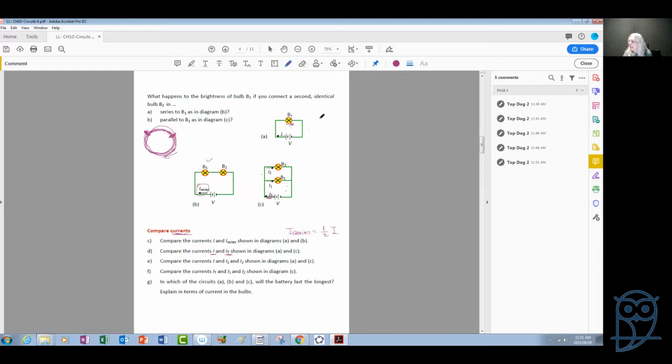It should make sense, isn't it? If this current is I, then we have one I for this bulb and another I for the bulb B2. So the total current is actually double this current. It's two currents together.